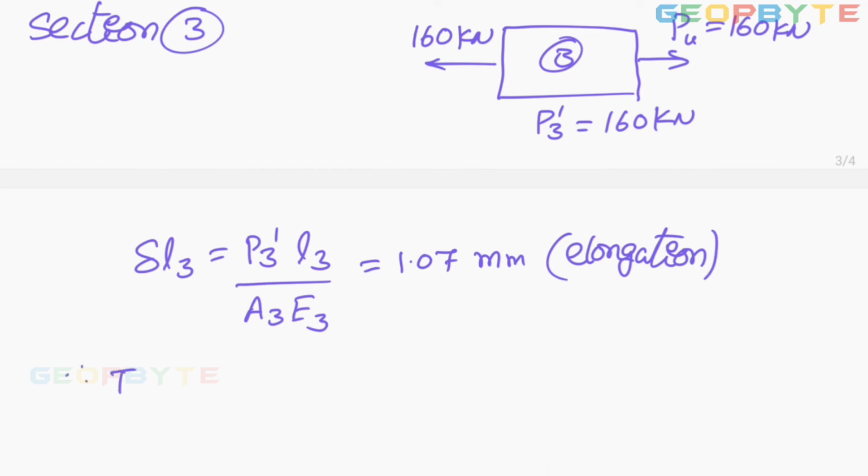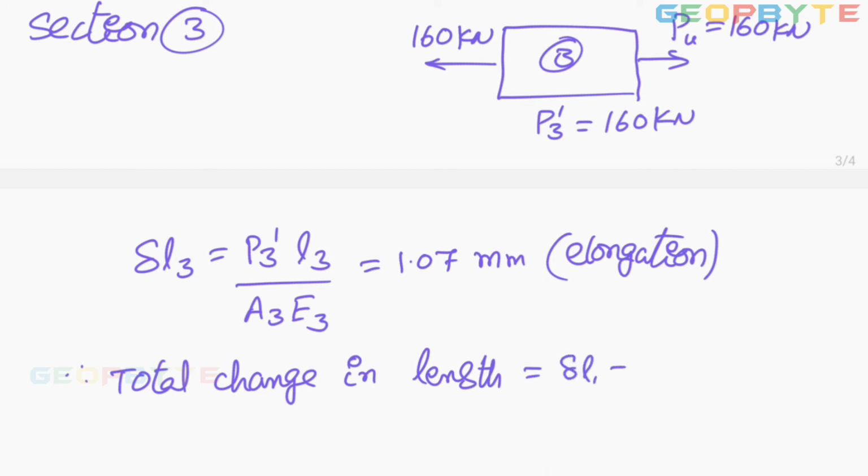Therefore, total change in length equal to delta L1 minus delta L2 plus delta L3, because delta L1 and delta L3 are positive extensions, whereas delta L2 is the negative extension, that is contraction. That's why I took the negative sign.